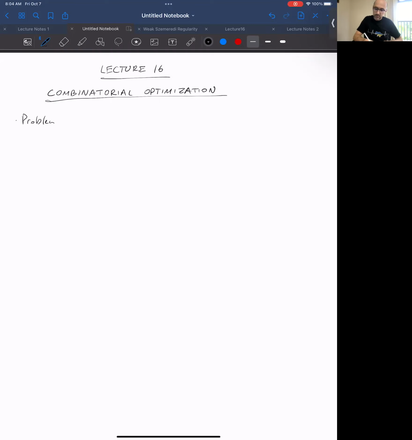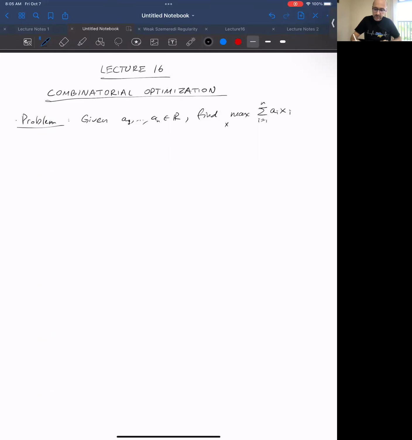So here's one of the kind of easiest problems. Let's say we're given numbers, a1 through an, real numbers. And we would like to find the maximum of the sum of these numbers with signs.